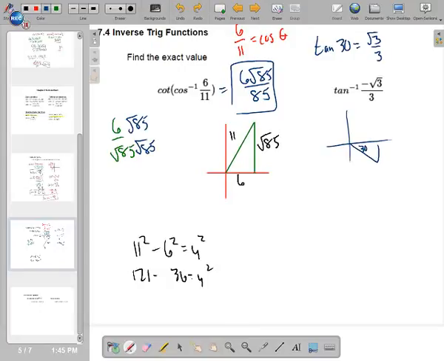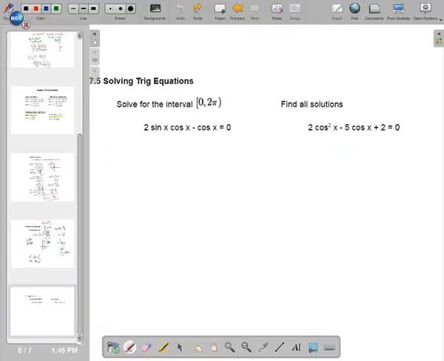Now, you could write your answer as 330, but that will be marked wrong because inverse tangent has to have the answer between negative 90 degrees and positive 90 degrees. So your best answer here is either negative 30 degrees or negative pi over 6 radians. Either one of those would work, but you can't say 300 degrees and you can't say 11 pi over 6. Those would both be marked wrong.